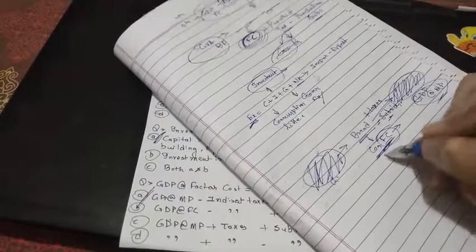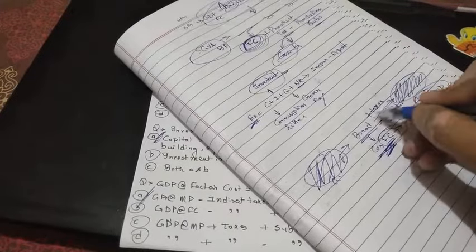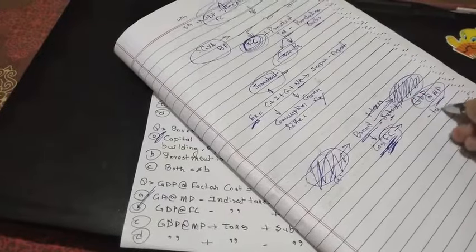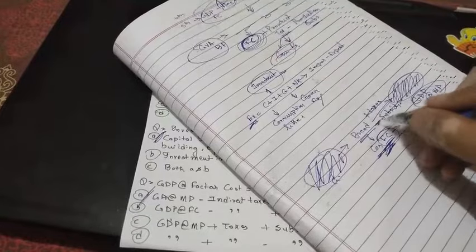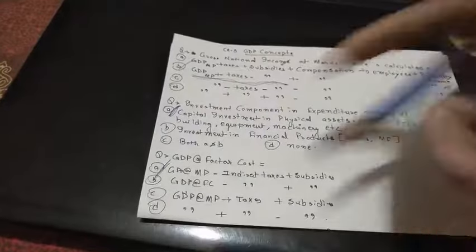So when we need to find the GDP at factor cost, if we move the taxes to this side, it will become minus, and subsidies, if we move them this side, will become plus. So this is the formula, and the option is A. I hope you are understanding.